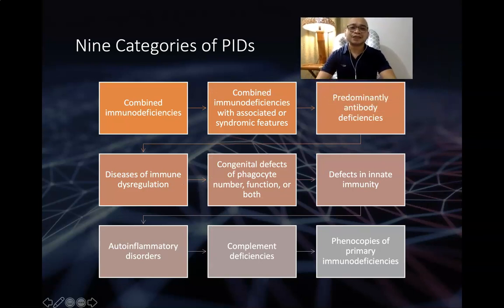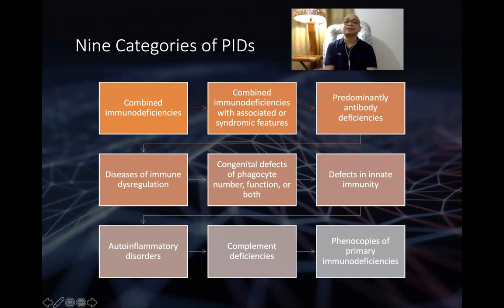Okay, so there are actually 9 categories of the primary immunodeficiency disorders. This could be the so-called combined immunodeficiencies, combined immunodeficiency with associated or syndromic features, predominantly antibody deficiencies, diseases of immune dysregulation, congenital defects of phagocytes, number, function, or in some cases both, defects in innate immunity, autoinflammatory disorders, complement deficiencies, and phenocopies of primary immunodeficiencies.